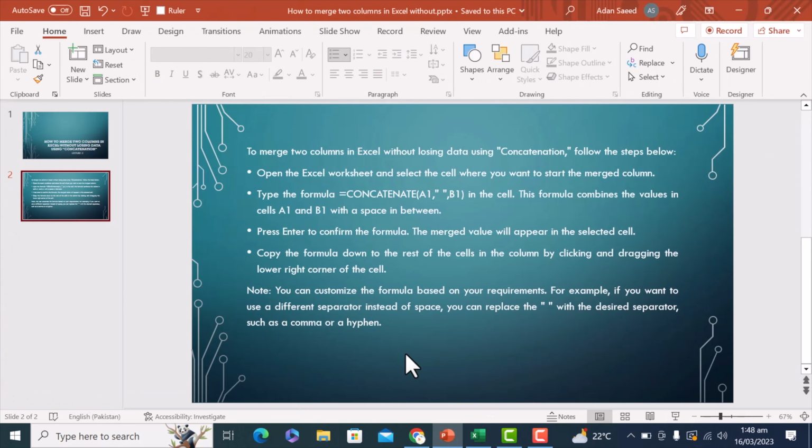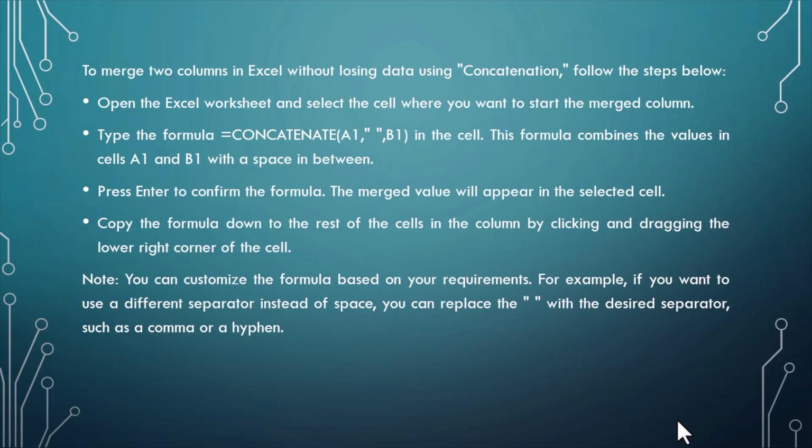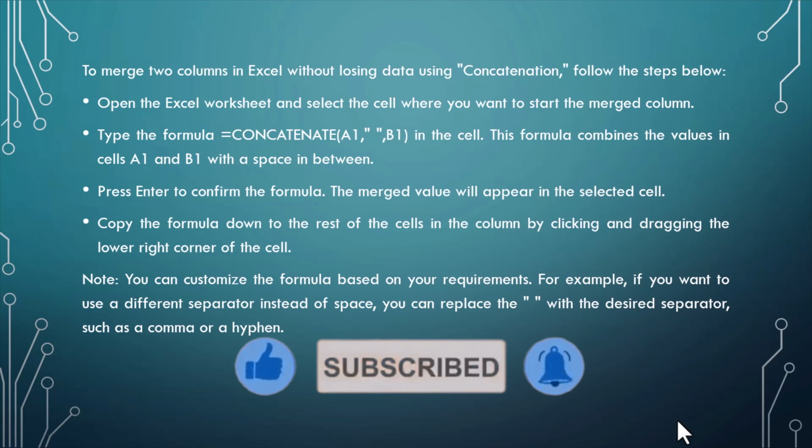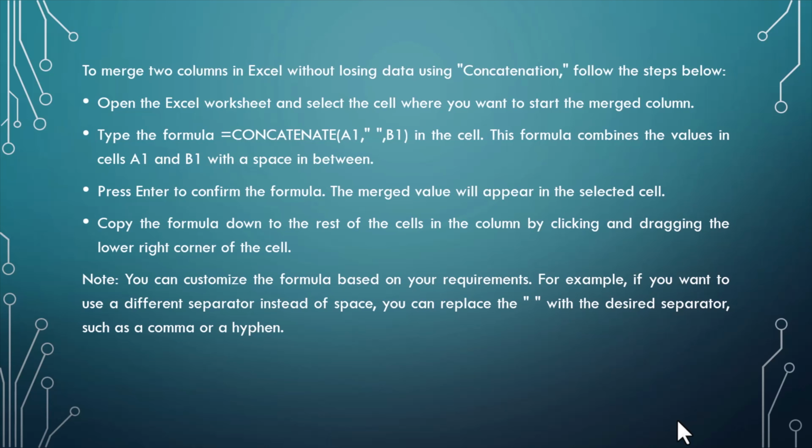So these steps also show this whole process. First of all, open the Excel worksheet and select the cell where you want to start the merge column. Type the formula that is equal to concatenation or concat A1 and this comma, then the space, and then comma again and B1.